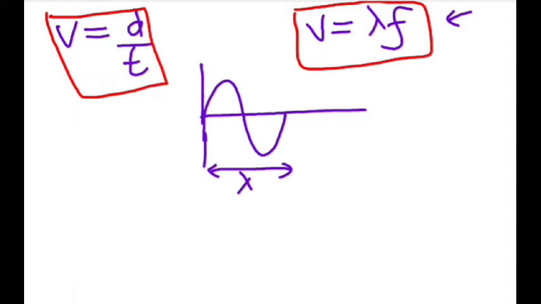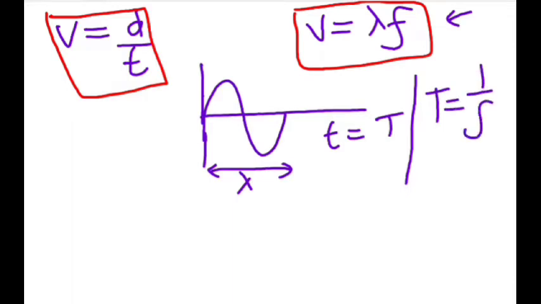And then this wave takes a time t equals big T. We know what big T represents: the period of a wave, the time it takes for one complete wave cycle. We also remember that the period and the frequency are related by the formula T equals 1 over f. And remember, the frequency of a wave is simply the number of complete waves emitted per second by a source.